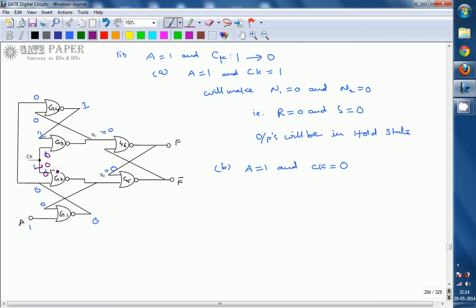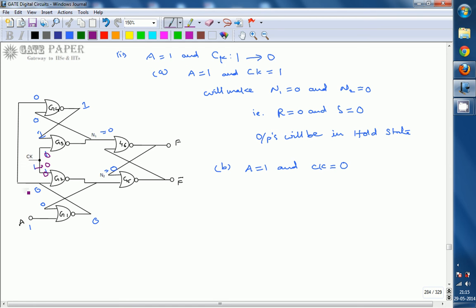Now whenever one of the inputs is 0, we cannot tell about the output until we know about the other information. For a NOR gate, if one of the inputs is at logic 1, we don't need the other input information. But if one of the inputs is at logic 0, output depends on the other inputs. So we should know about the status of other inputs so that we can tell about the output.